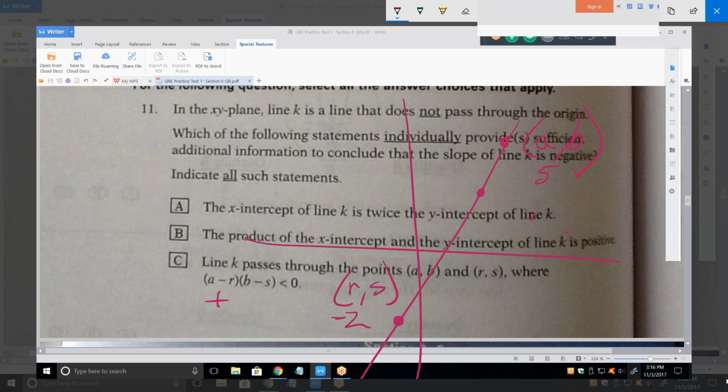In this scenario, no matter where my R, S is, I could put it way down here and A minus R is still positive. If it were negative 6, 5 minus negative 6 is positive 11. Okay. Now, what is B minus S? B is positive, S is negative, so positive.